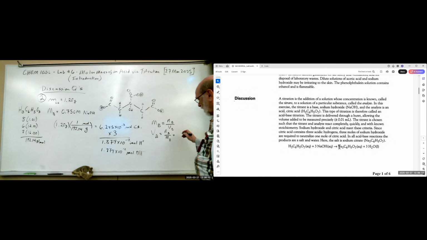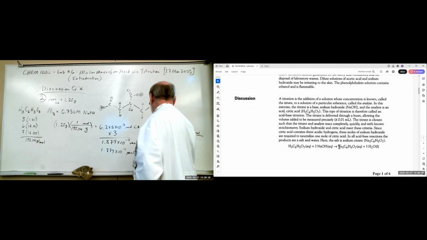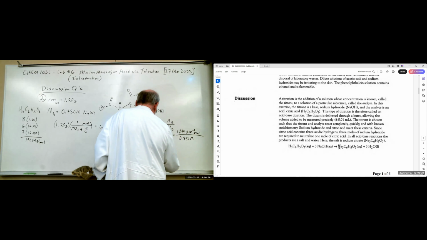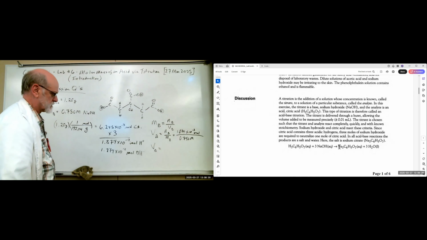We know what the moles are; we just calculated them: 1.874 times 10 to the minus 2 moles. And the molarity is 0.75. So we should be able to get the volume of the base, and this is going to be in liters.